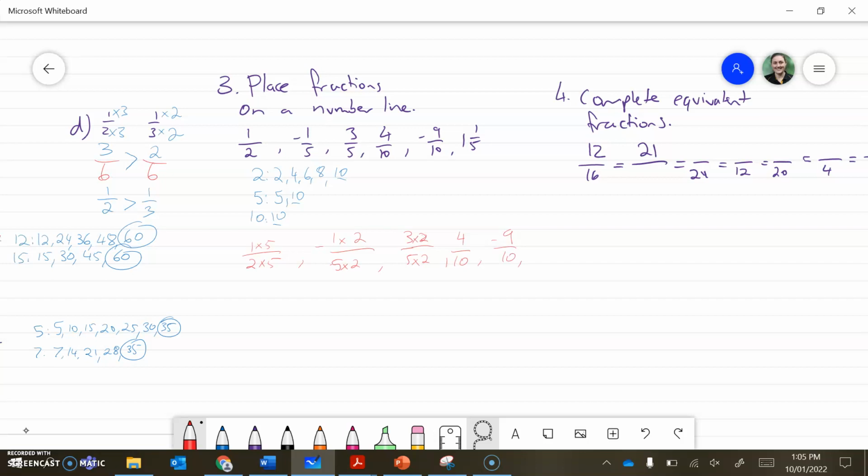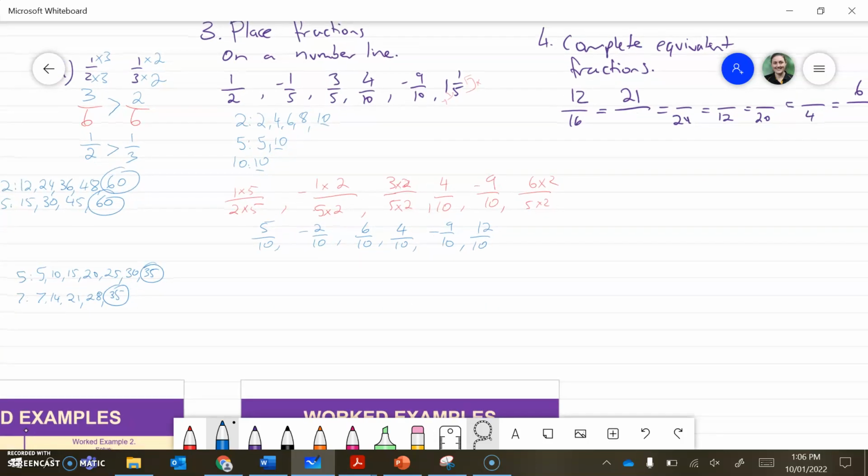And then 1 1/5, I'm just going to change that into an improper fraction. So 1 times 5 is 5, plus 1 is 6, so that's 6/5. So 6/5 we will need to times by 2. So the fractions that I need to place are going to be 5/10, negative 2/10, 6/10, 4/10, negative 9/10, and 12/10.